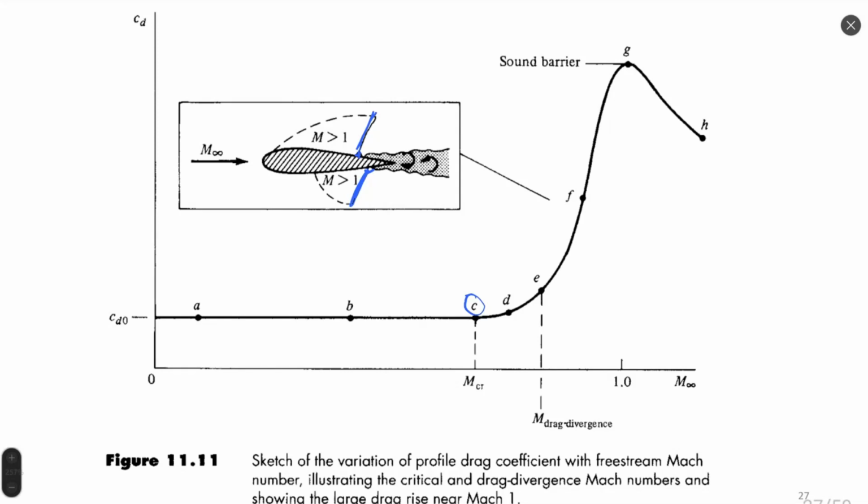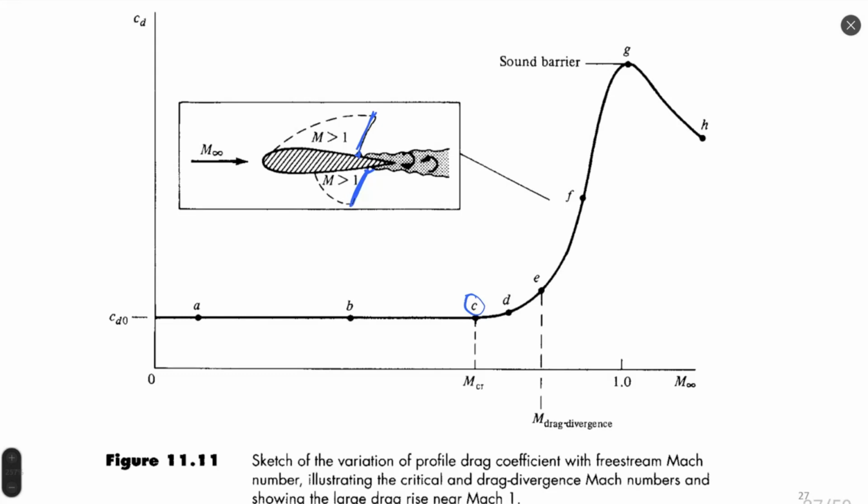Our shock waves will start to join and will go in front of the airfoil or in front of the wing, and they form the so-called sound barrier. The shock wave joins and becomes a bow shock wave.